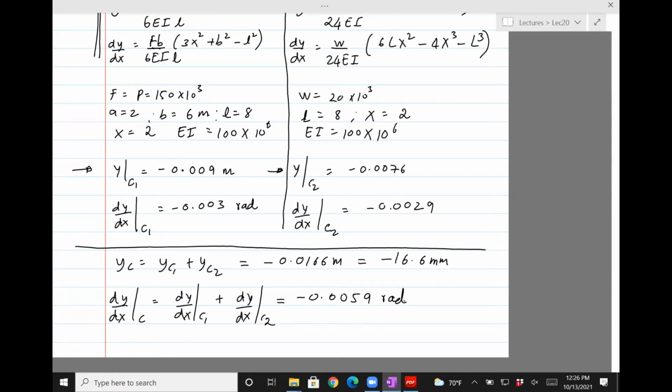Okay, so that was probably a straightforward problem where everything was pretty much there in the table. Here is a slightly more involved problem.